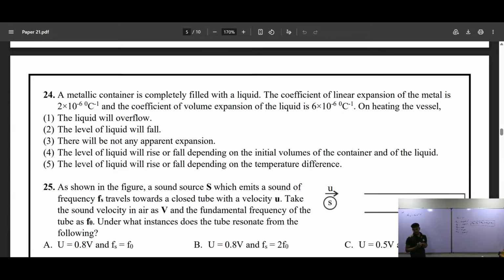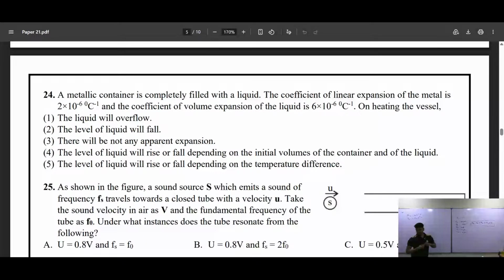And the coefficient of volume expansion of the liquid, gamma real of liquid, is given. Gamma of liquid is how much? 6 into 10 to the power minus 6 per Celsius.